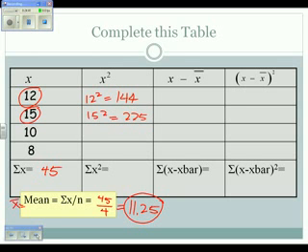And then 10 squared is 100. And 8 squared is 64. And then because this says the sum of x squared, we're going to add this column, 144, 225, 164 all together, that will give me 533.